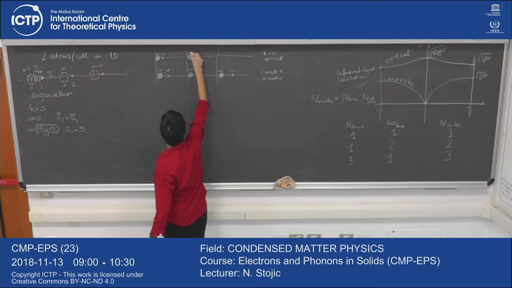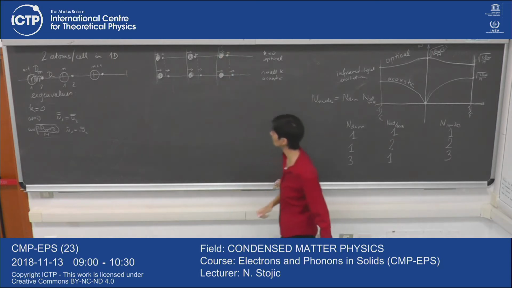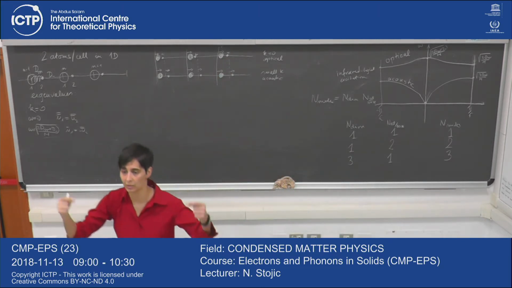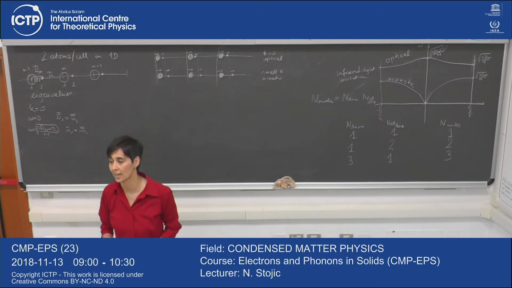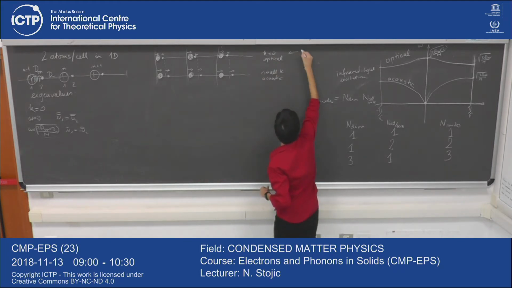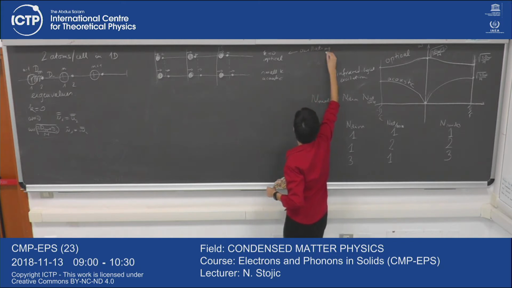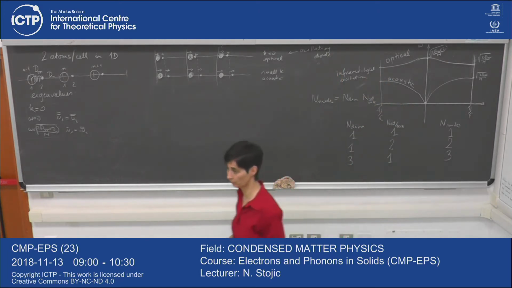So in the optical mode, two atoms come closer and go further from each other. It's an oscillating dipole. So this, and the fact of this gap, give the name of the optical mode.